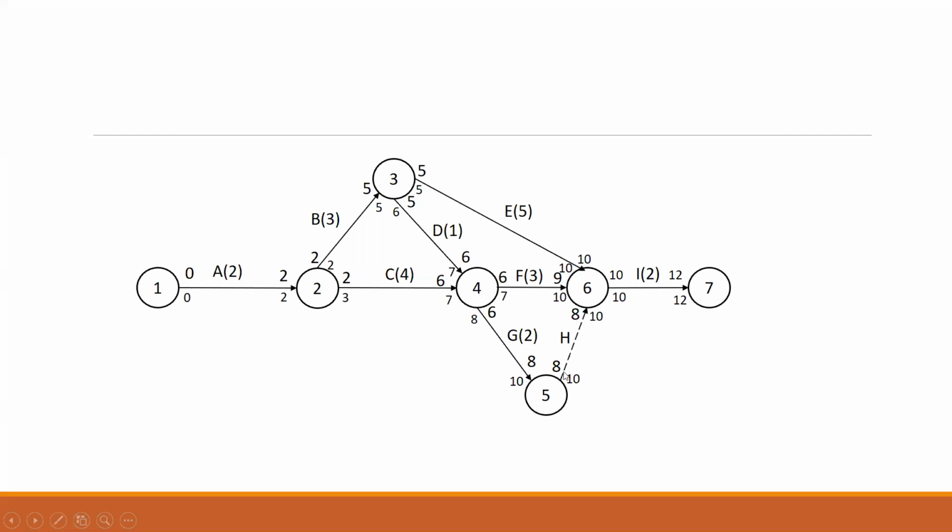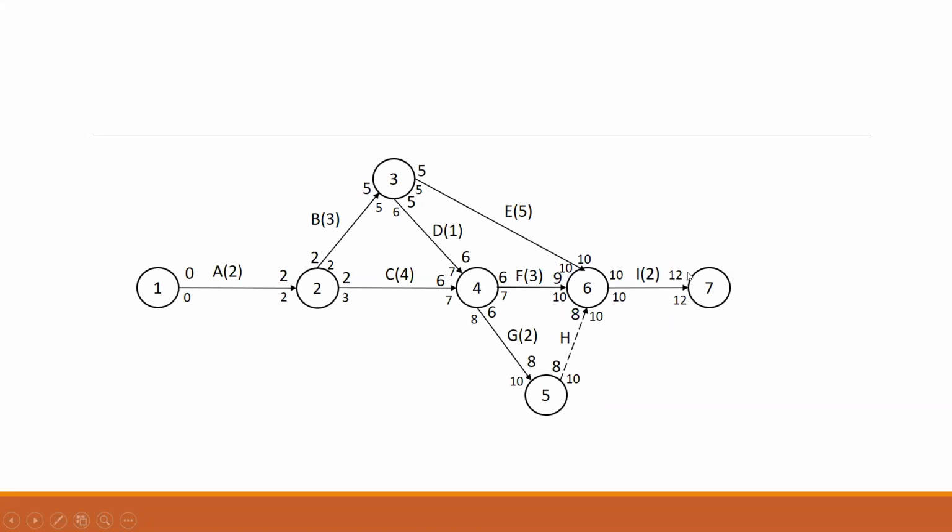Now this is your dummy activity which we have added, and the duration is 0, so this remains 8 here, and this we calculate when we go for the backward pass. Now, if you look at the values, we have 10 here, 9 here, and 8 here. The maximum is 10, and that's the reason why we have put 10 here. Okay, so 6, 7 will start at 10. 10 plus 2 gives you 12.